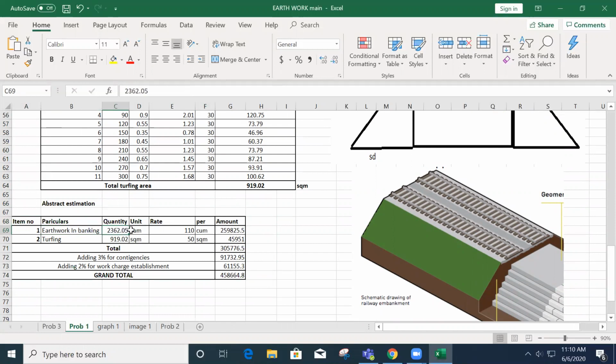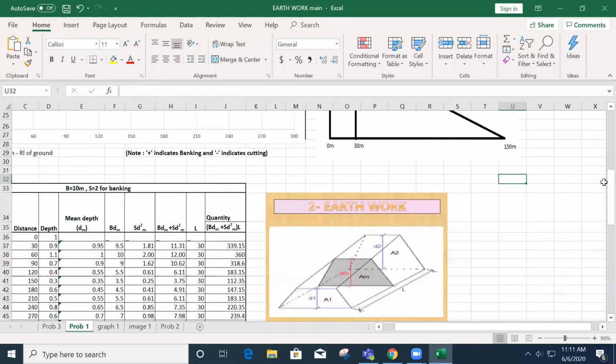For this quantity, the unit will be cubic meter. The rate is given in the question. So we'll get this amount. Similarly, the turfing area, same thing holds good. So totally we'll get this. Here also same thing, 3% contingencies, 2% for work charge establishment, and the grand total will be this. So this completes the problem.